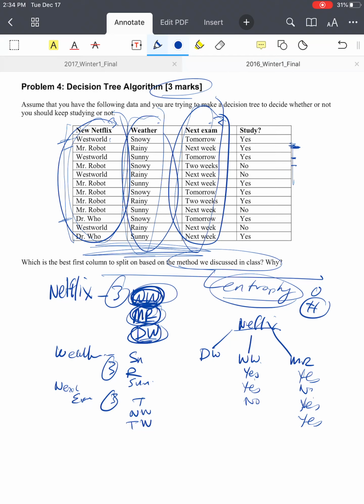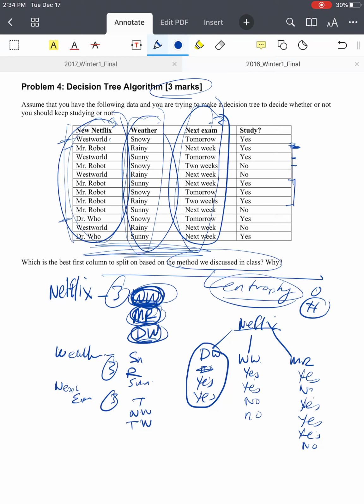Mr. Robot is another yes. Mr. Robot is another yes. 3 yeses in a row, is that right? 3 yeses. And then Mr. Robot is a no. And Doctor Who, no. No, I'm sorry, Doctor Who is yes. And Westworld is a no. And Doctor Who gets a yes. That's interesting, Doctor Who has 2 yeses.